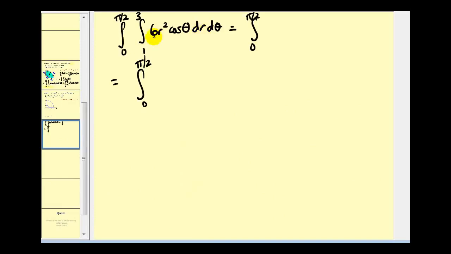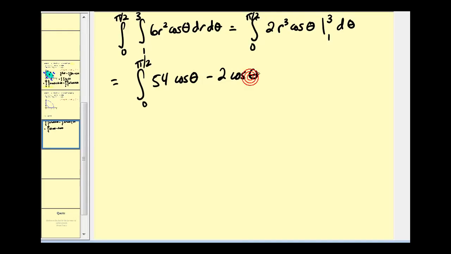Integrating with respect to r, we're going to have 6 times r cubed over 3. That'll be 2r cubed cosine theta. When r is equal to 3, we're going to have 27 times 2, that's 54 cosine theta, minus when r is 1, we'll have 2 cosine theta, which gives us 52 cosine theta.